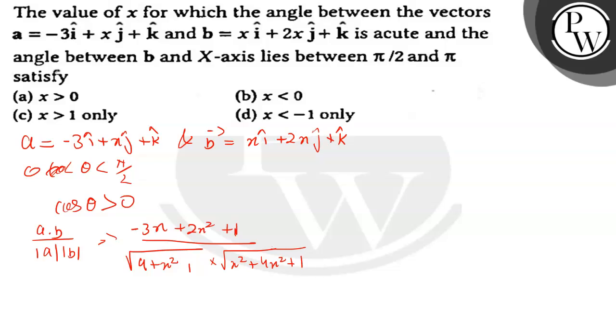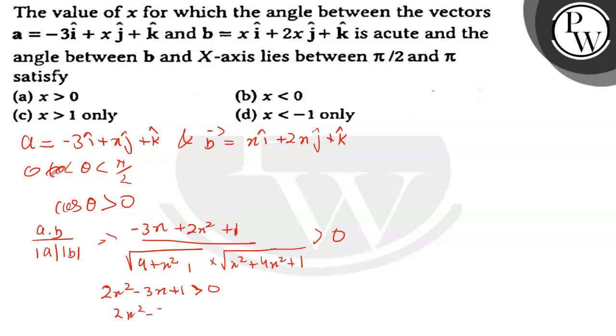So this is the value we got for cos theta, and now that is given as greater than 0. Now we know that the quantity inside the mod is always going to be positive. So what will depend is only that 2x square minus 3x plus 1 should be greater than 0.